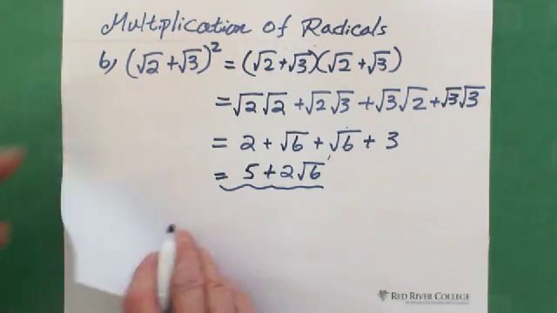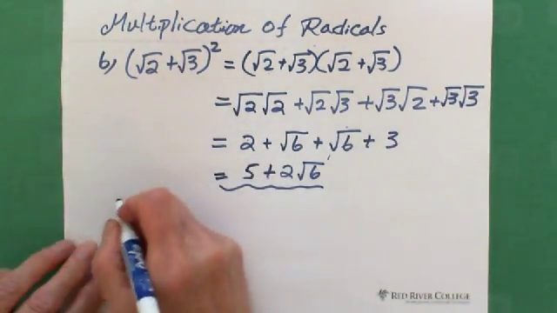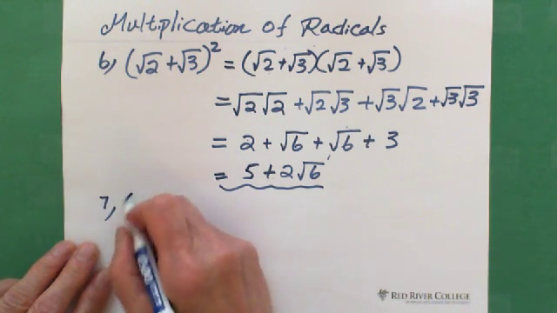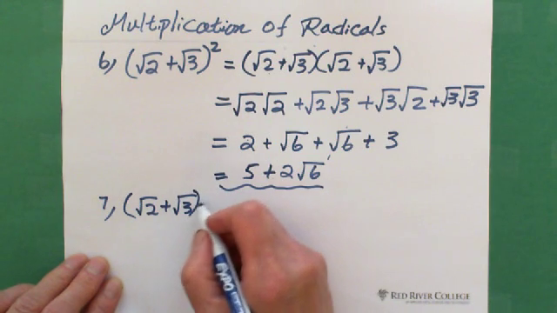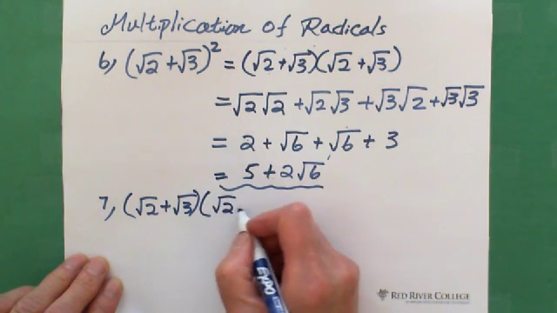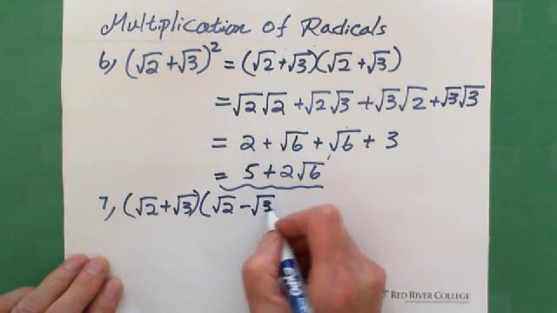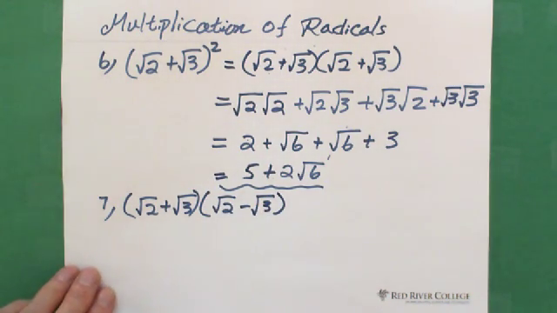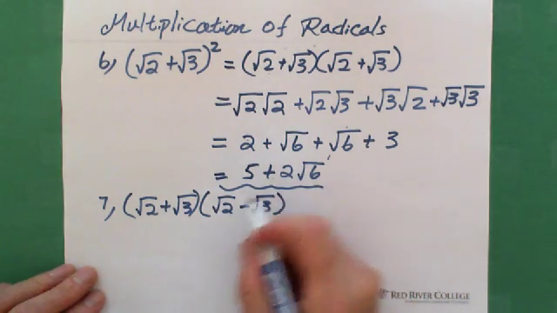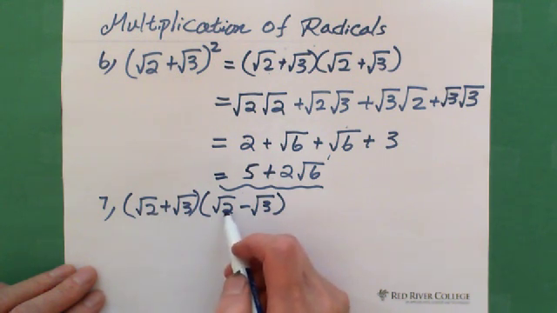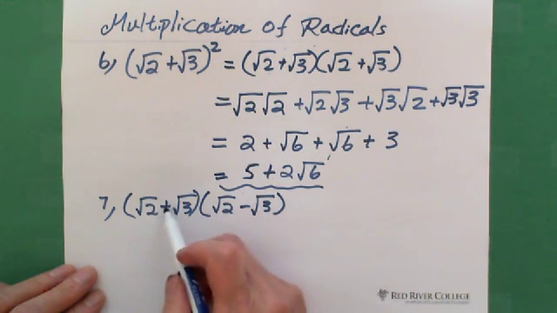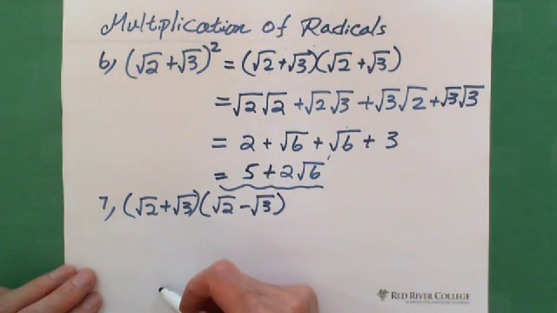The last question I'd like to show you is this one. If you have root 2 plus root 3 multiplied by root 2 minus root 3, what happens this way? They have the same radicals, root 2, root 2, root 3, root 3, but one is plus, one is minus.